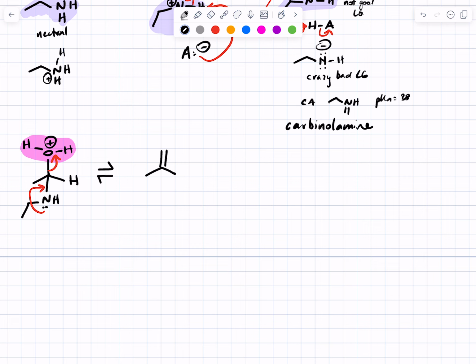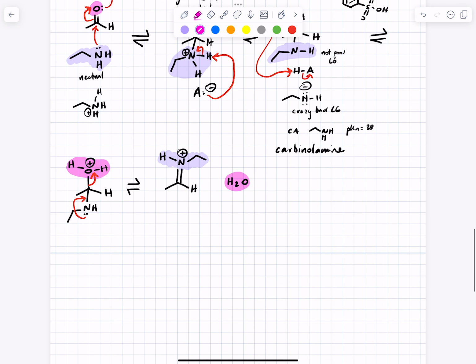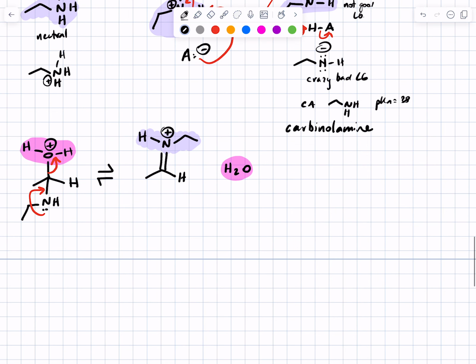So let's draw what we get after that. Here's the water leaving group, and then here's the nitrogen. This is the one we originally added as our nucleophile, and there's a positive charge on that nitrogen now. The oxygen that used to be the carbonyl oxygen is now gone. And this is actually how you push the reaction forward.